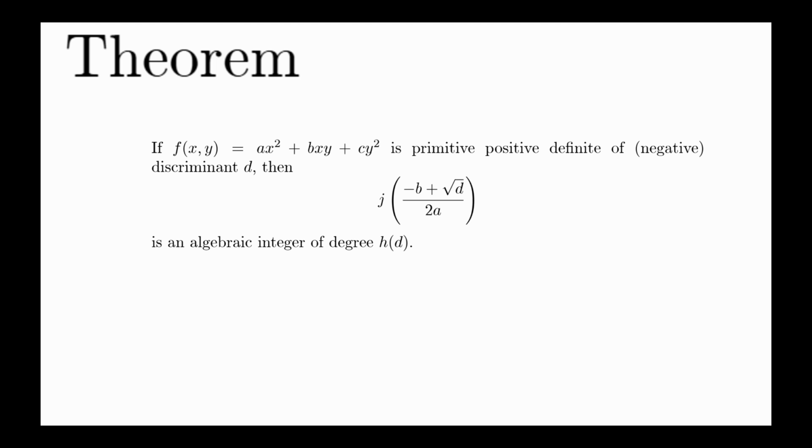So that is indeed a very remarkable theorem. And it makes us all the more want to consider when h of d is equal to 1, because then j of minus b plus square root of d over 2a will be an actual integer, because an algebraic integer of degree 1 is just an integer.